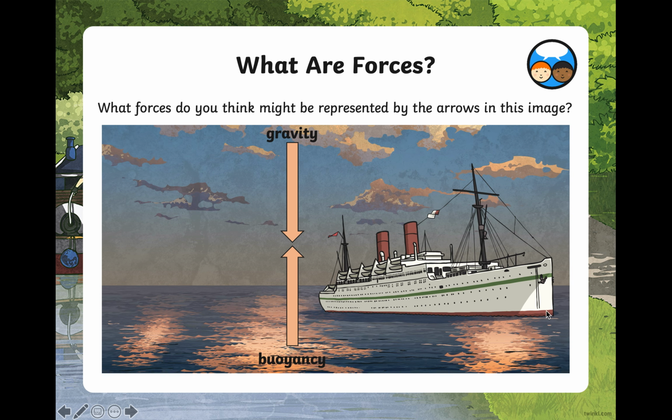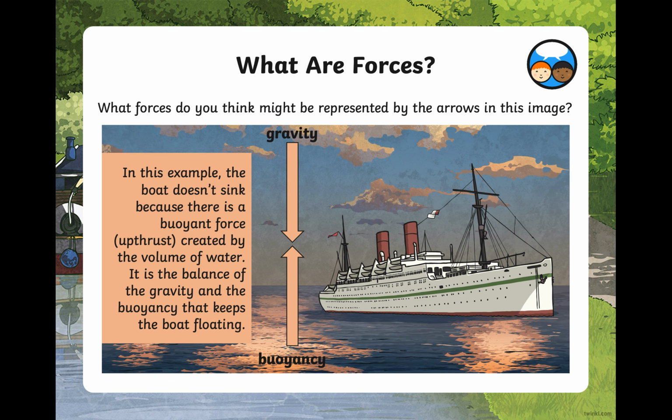So all the forces acting on this non-moving or stopped ship are 0. They're all balanced. This is an example of a balanced force. When you say there's a balance of forces, it doesn't mean the forces don't exist. They do, but they cancel each other out, such as this one.